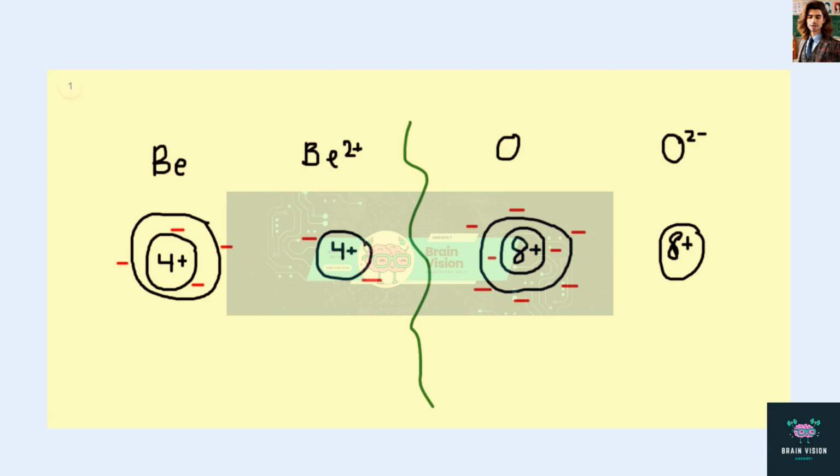Its first energy level will have 2. The second energy level can have a maximum of 8. And in this case, it's going to need all 8. 1, 2, 3, 4, 5, 6, 7, 8.